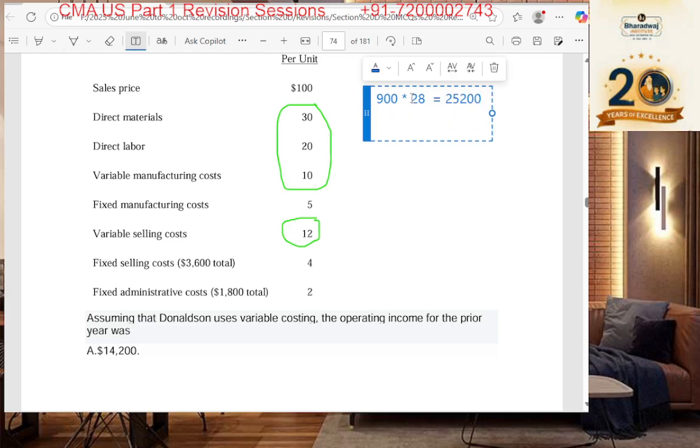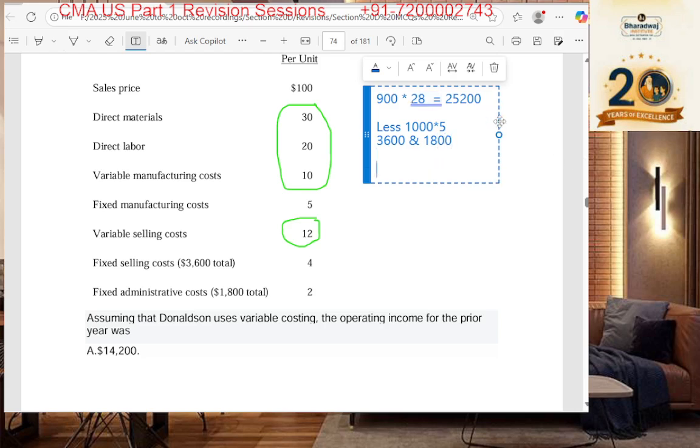Less fixed cost. What are the fixed costs? Less the fixed manufacturing cost, 1,000 into 5, and 3,600 and 1,800.